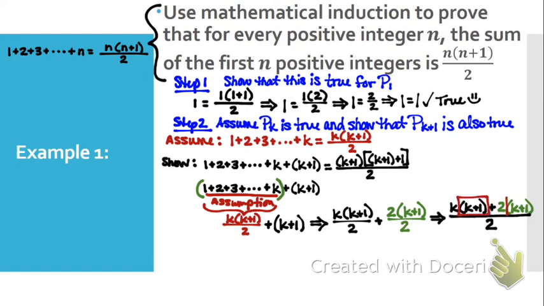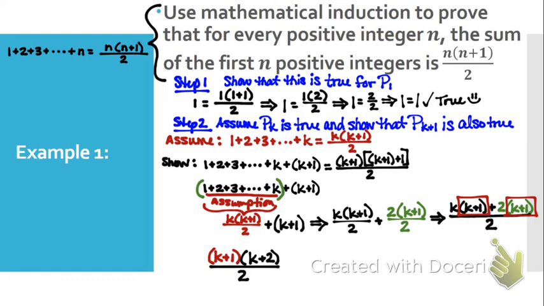If I have 2 terms and they have a factor in common, what can I do with that? Take them out to the front. I can factor it out to the front. So I'm going to factor out a k plus 1. What would I have left over if I factor that k plus 1 out? K plus 2. And we still have it all over 2.